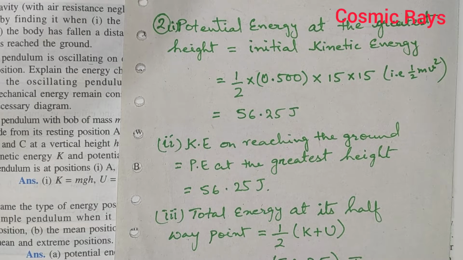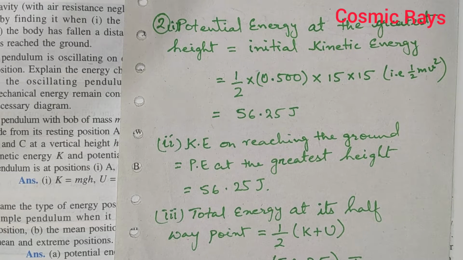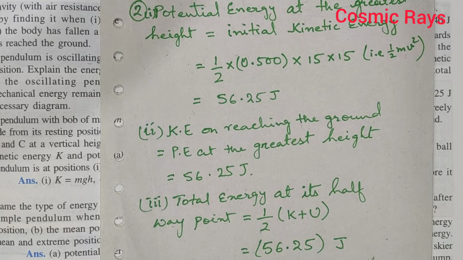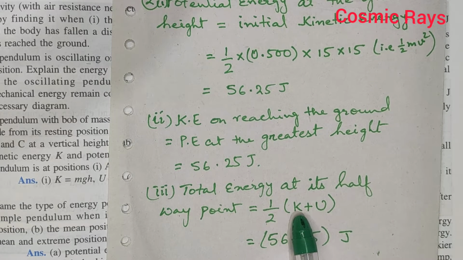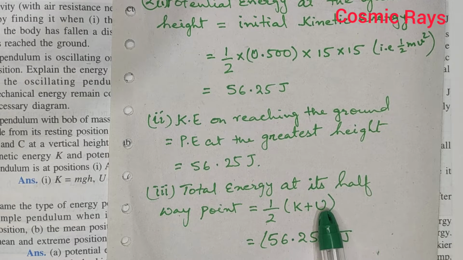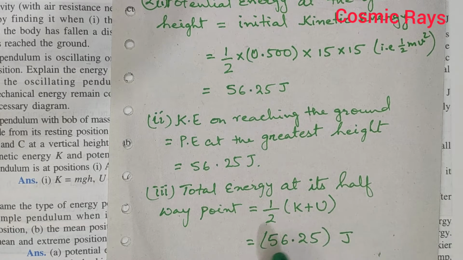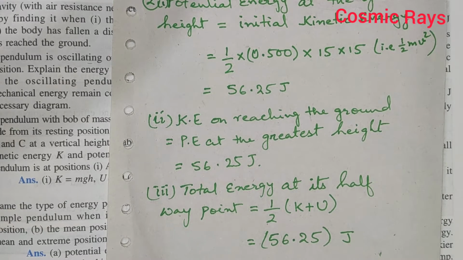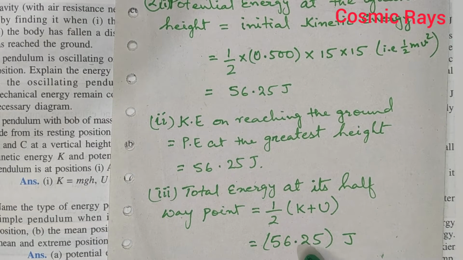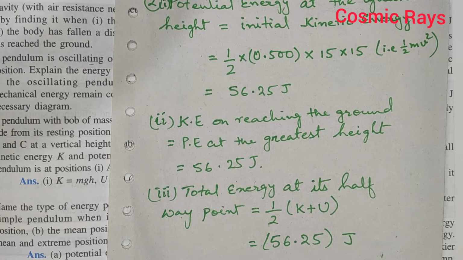Now the total energy at its halfway, the total energy is the sum of kinetic energy and potential energy. So at halfway it's going to be the sum of the kinetic energy plus the potential energy. So again this is going to be 56.25 joules.